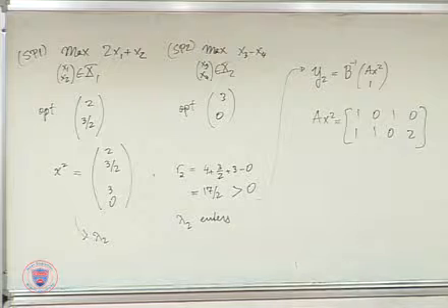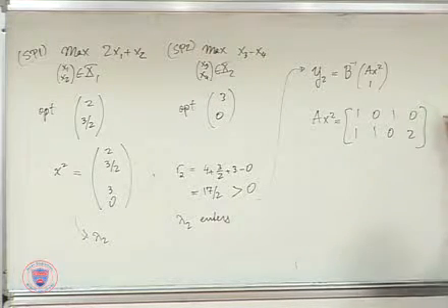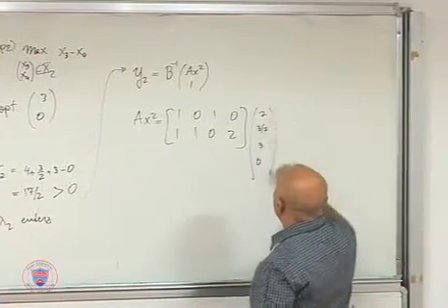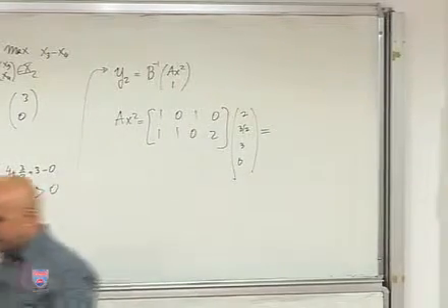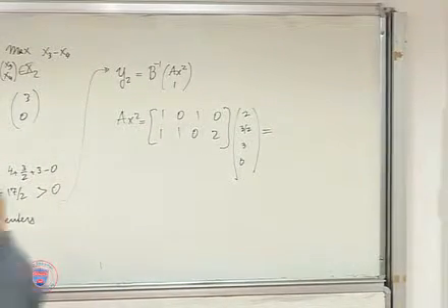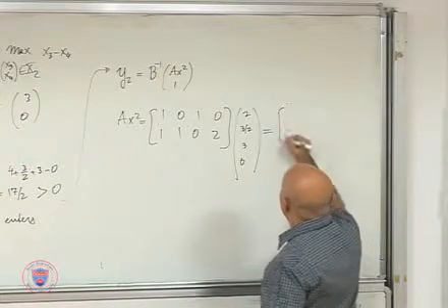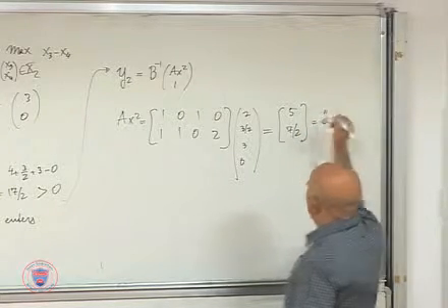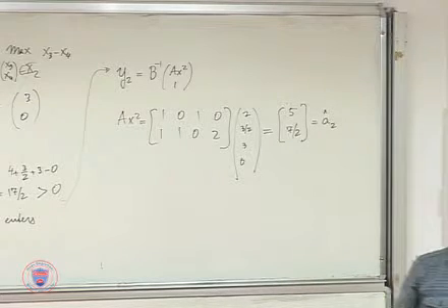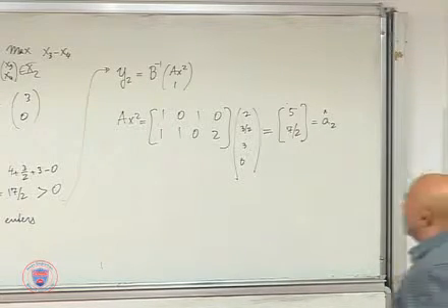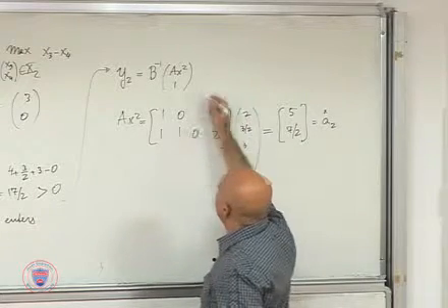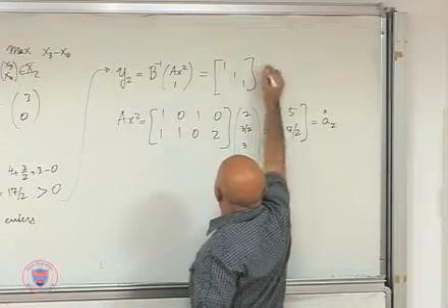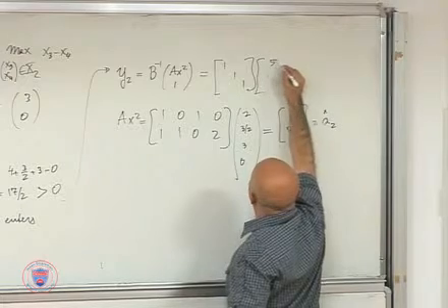This is your A matrix, times x2, which is what you've got here. I'm too lazy to compute that. It happens to be 5, 7/2. So this is your A times the second extreme point. All right, so y2 is going to be B inverse, which is the identity, times this, which gives you the same thing, of course.